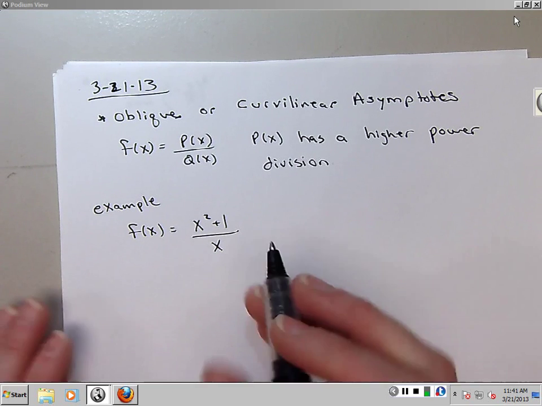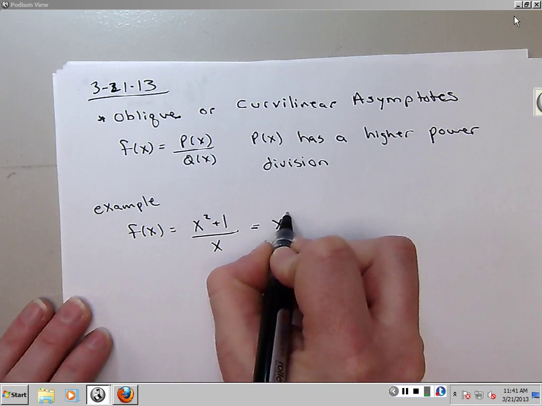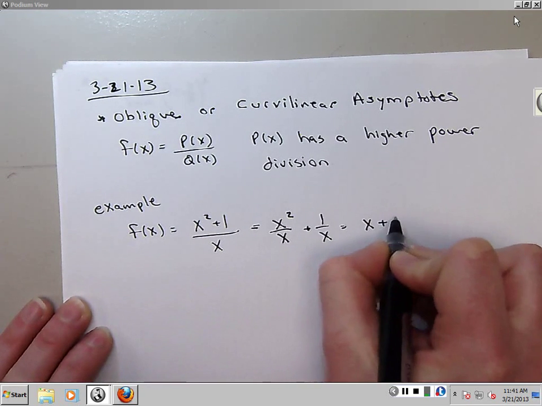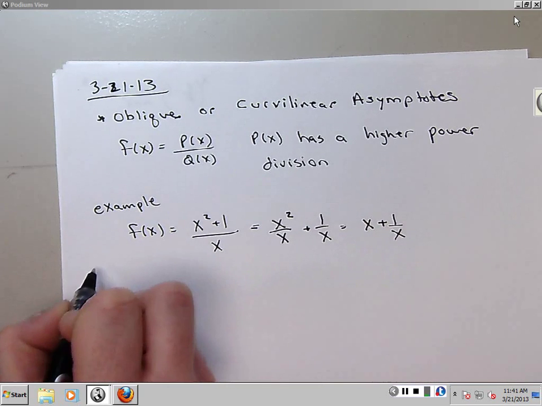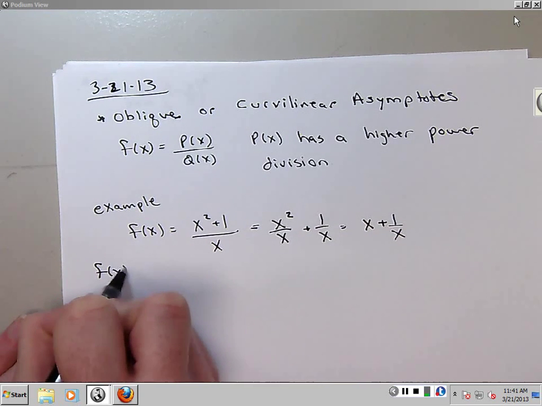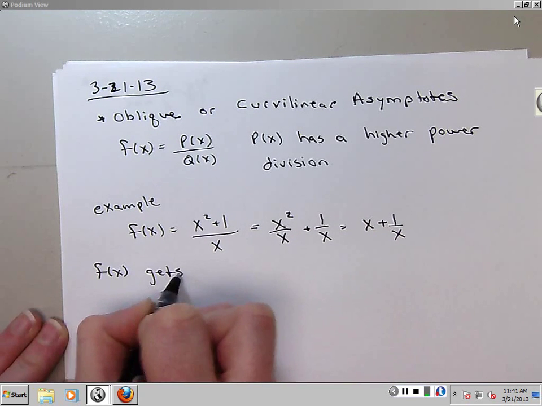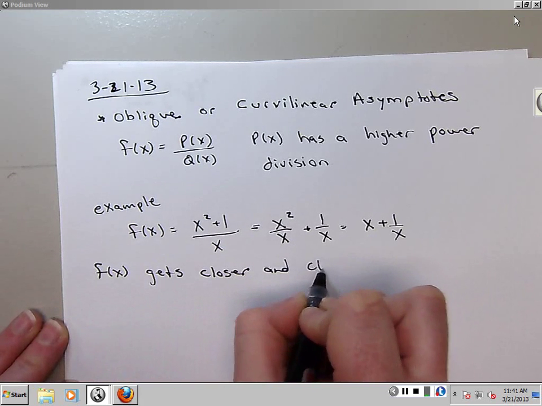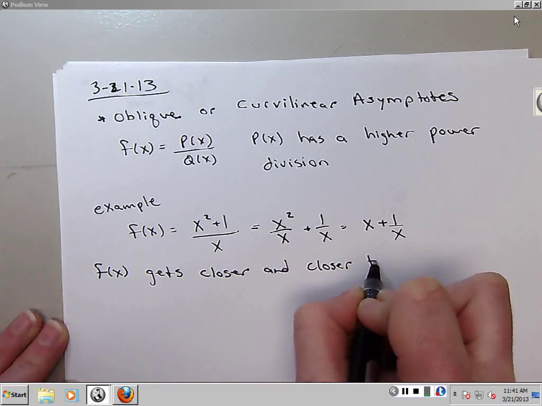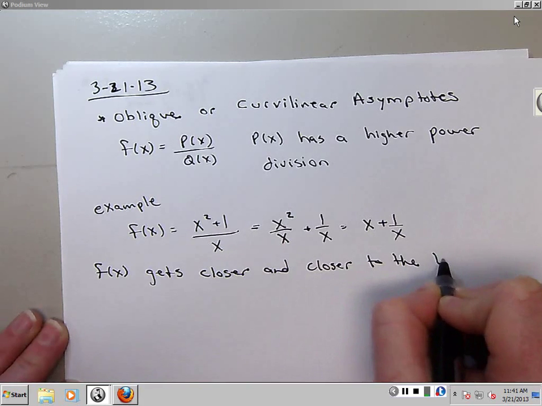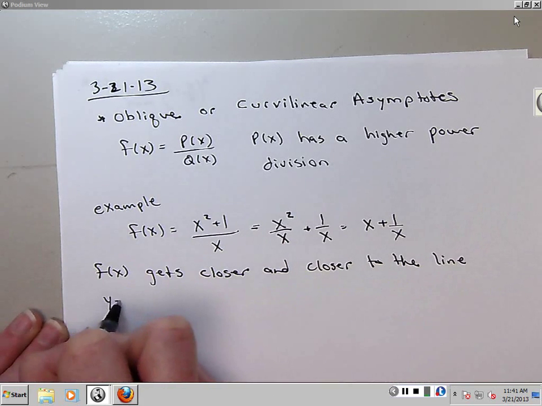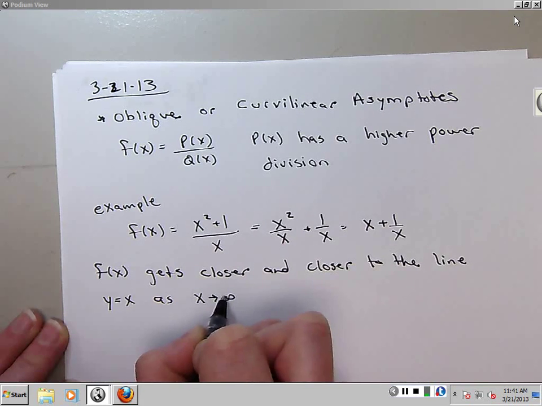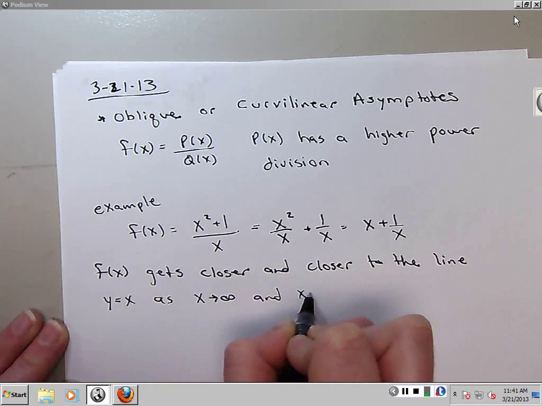If I divide this out, I have x squared over x plus 1 over x. So I really have x plus 1 over x. What is happening here is f of x gets closer and closer to the line y equals x as x goes to infinity and as x goes to minus infinity.